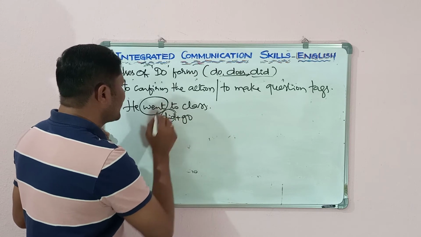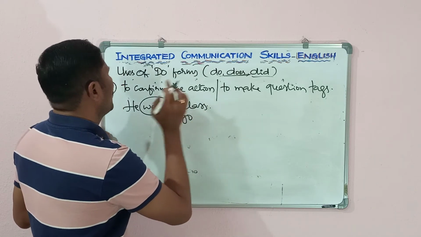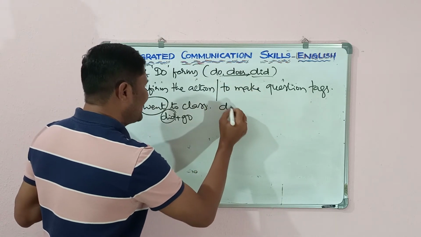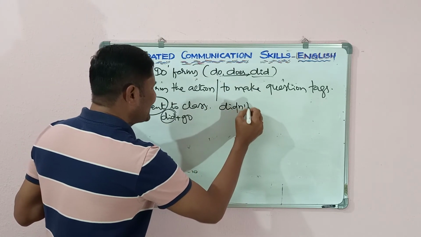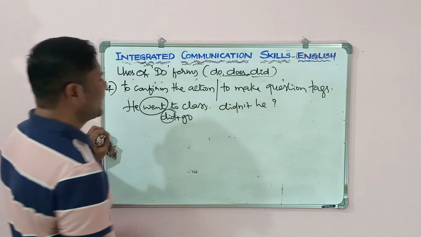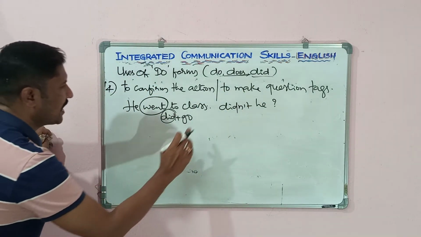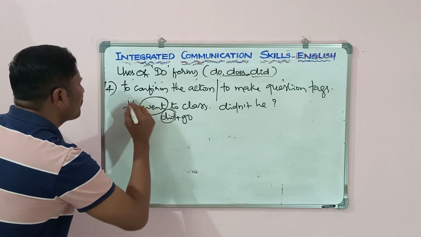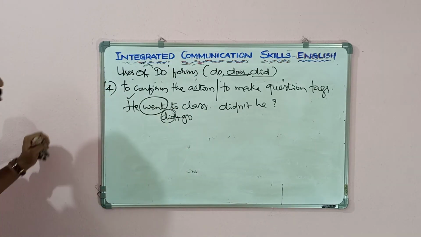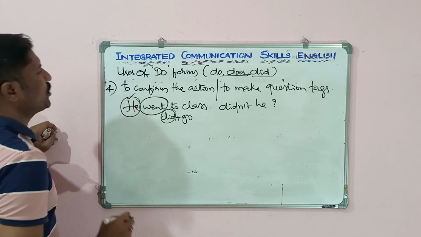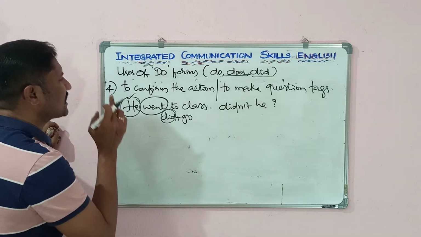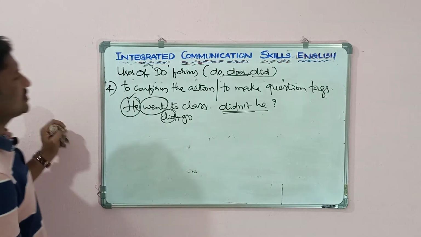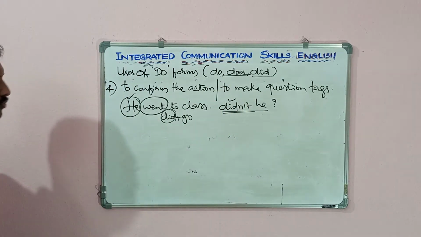So here we use did to confirm the action or to make a question tag like this: he went to class, didn't he? That means we are confirming the action of the doer. Who is the doer? He is the doer here in this sentence. We are making question tags using this do form.